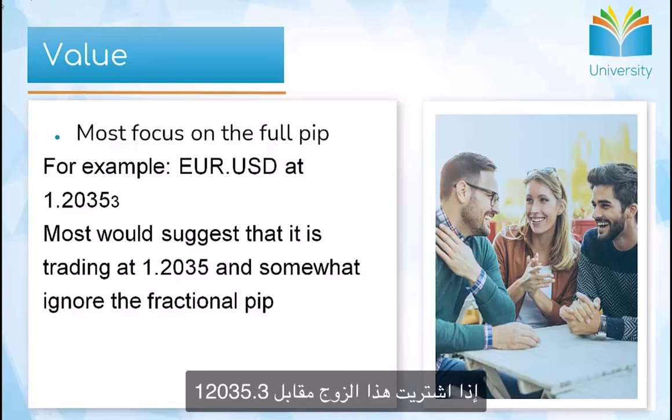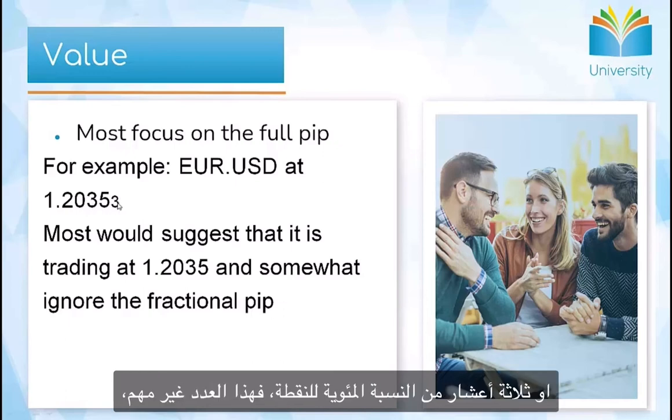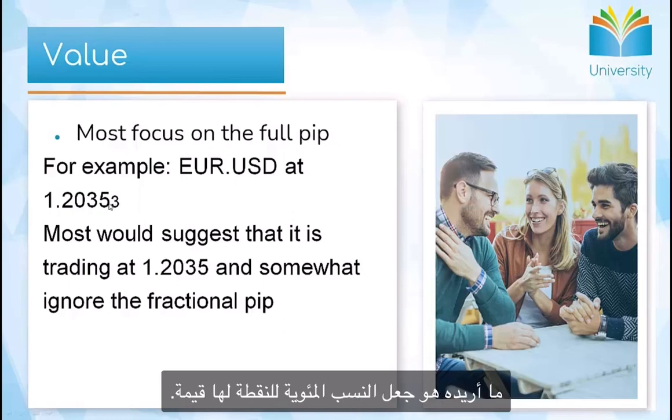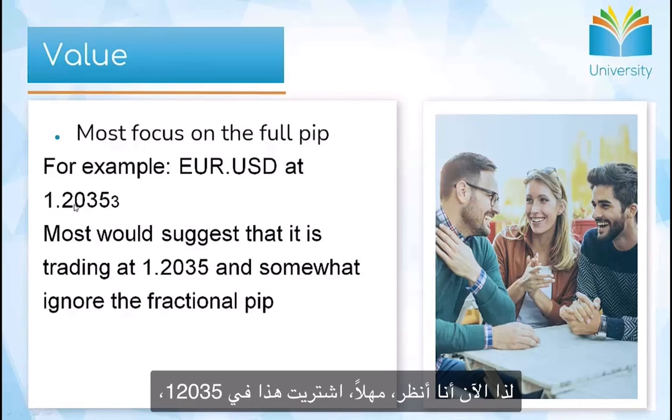If I buy this pair at 120.35.3, or 3/10 of a pip, that number is insignificant. What I want is to make pips in value. So now I'm looking at, hey, I bought this at 120.35. I'm trying to run this thing up to 120.85 and be up 50 pips in this trade. That sort of idea.